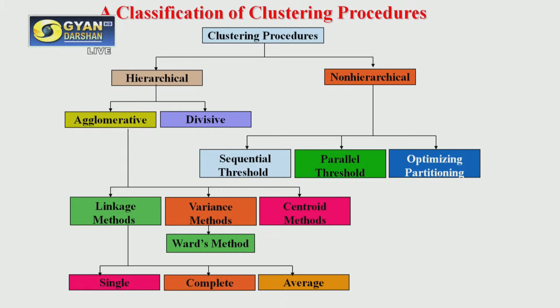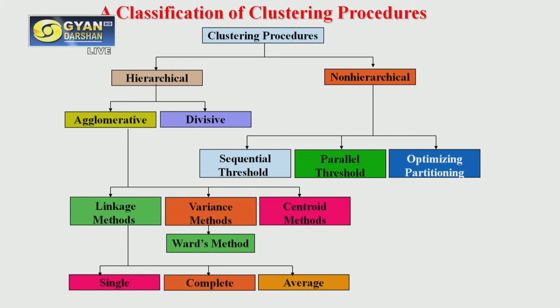If you look at the screen again, we have clustering approaches with hierarchical based techniques and non-hierarchical based techniques. As I said, hierarchical techniques can be divided into two parts: agglomerative hierarchical clustering techniques and divisive techniques.